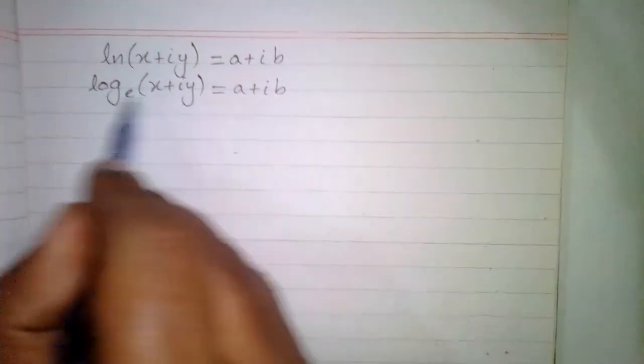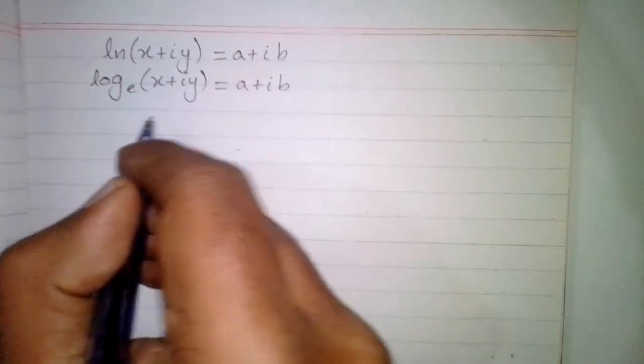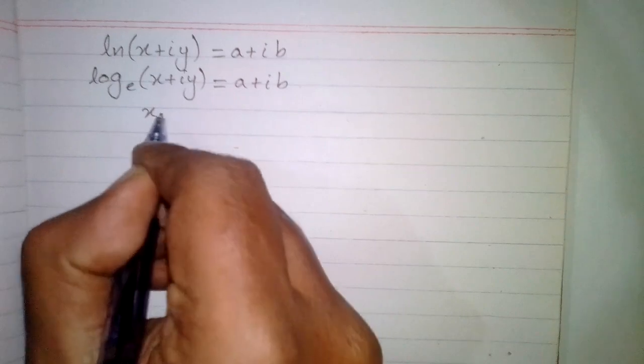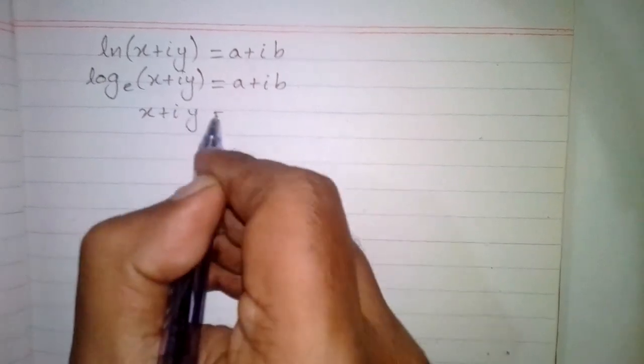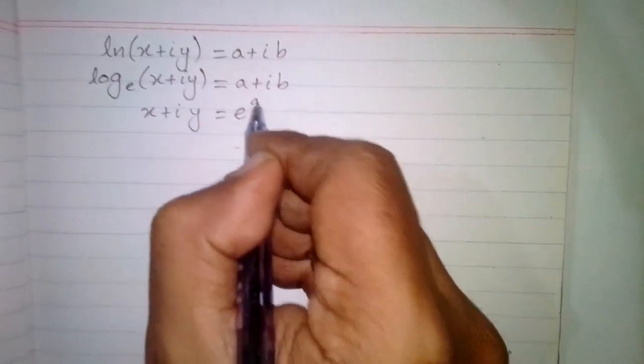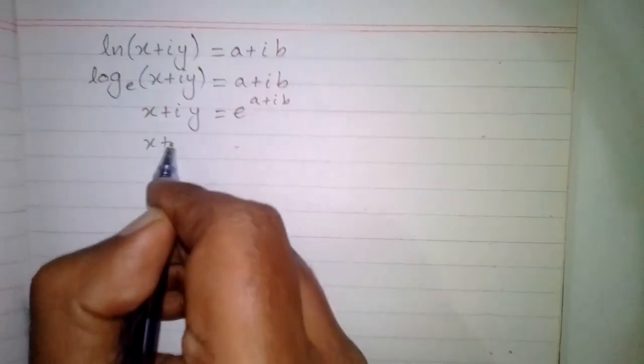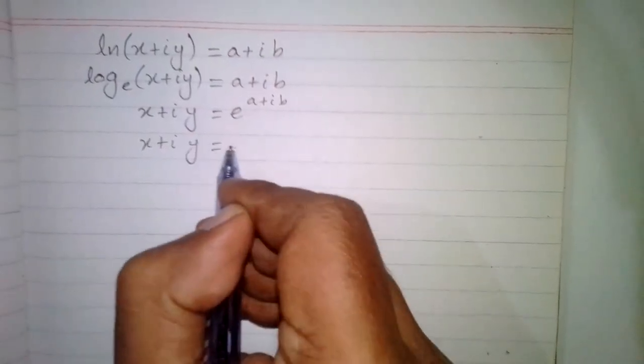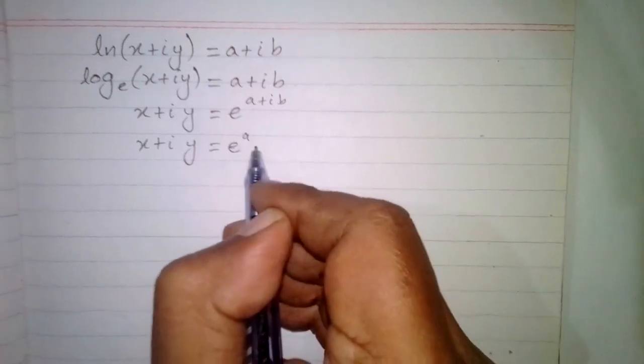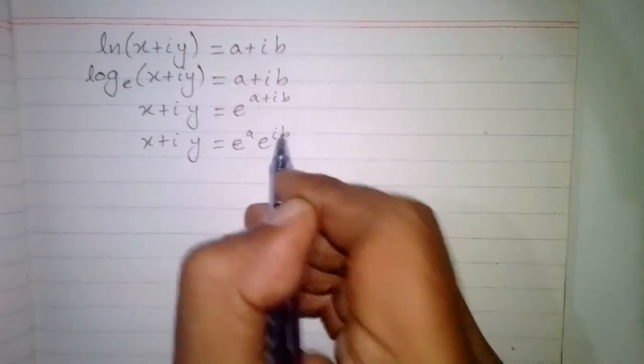Now we can write any log in the exponential form, so we have x plus iota y is equal to e to the power a plus iota b. Now this can be written as x plus iota y is equal to e to the power a multiplied by e to the power iota b.